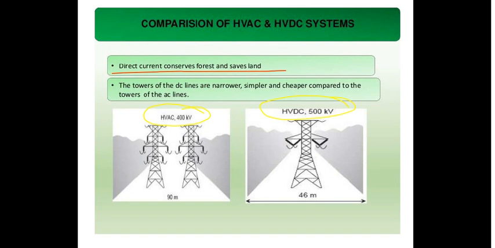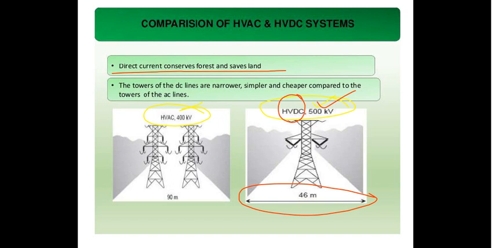You can see the transmission corridor, a typical case. For a 500 kilovolt HVDC system it is somewhere around 46 meters, whereas the 400 kilovolt HVAC system has a transmission corridor width of almost double that of the HVDC system.